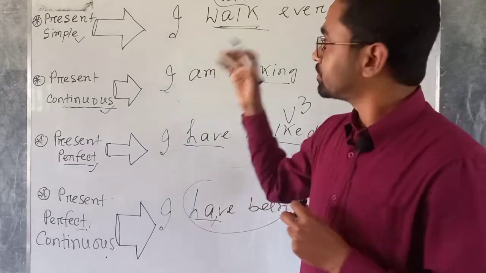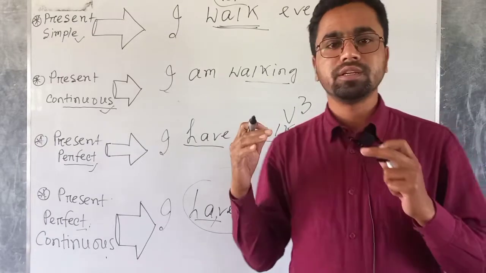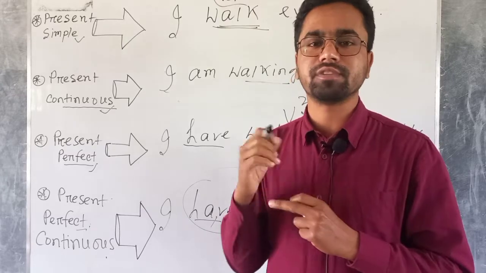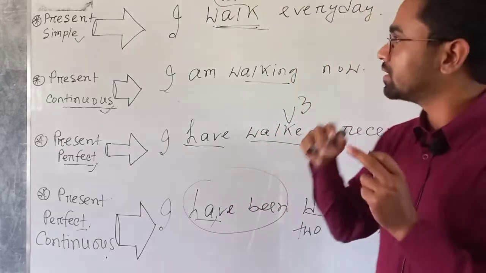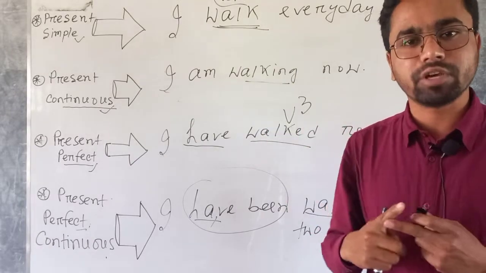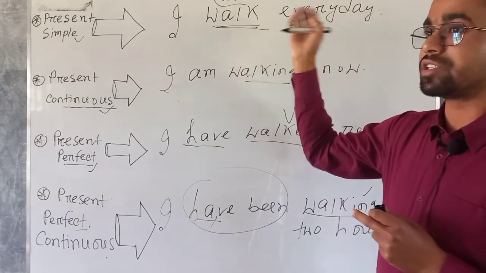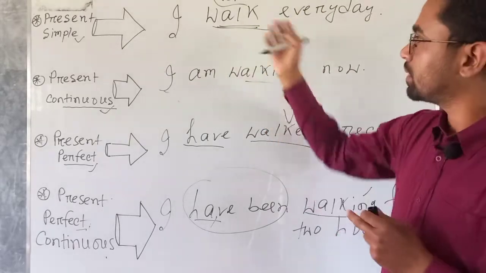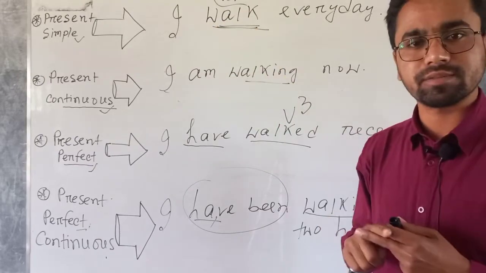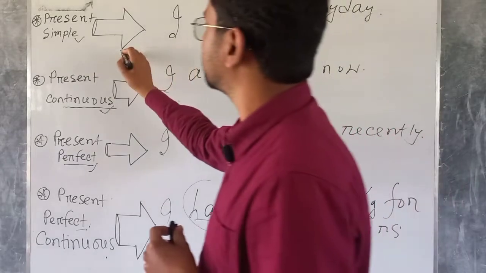If I write the structure without the examples on the board, then sometimes you will find difficulty understanding the structures of a sentence. So I think it will be effective for you to discover the structure of the tenses by watching, by reading, by applying the sentences. Okay? Look at the first sentence, structure.